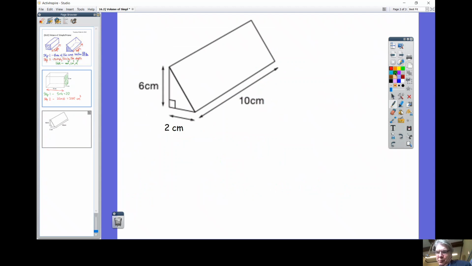Right. Step one. Classic mistake. Thank you for modelling the classic mistake. Is it a rectangle on the end? It is 6 times 2, but because it's a triangle, remember to halve it.